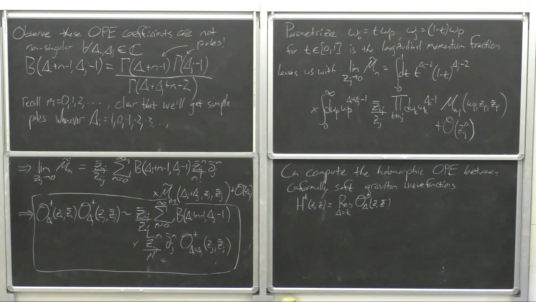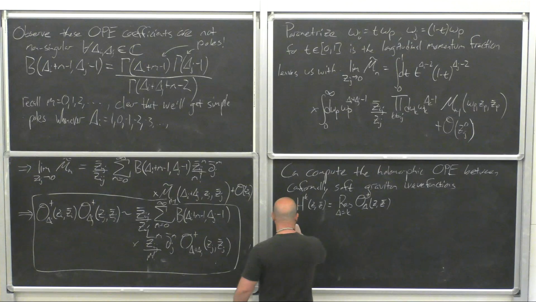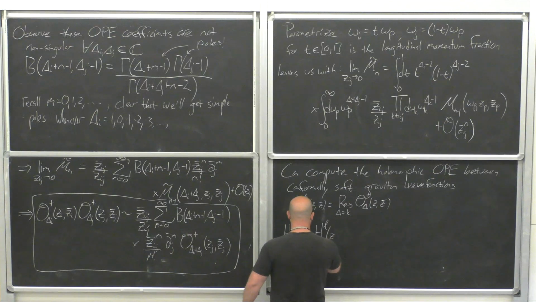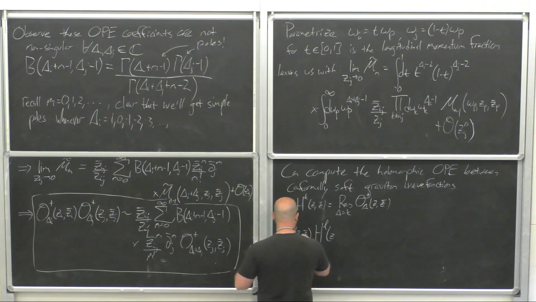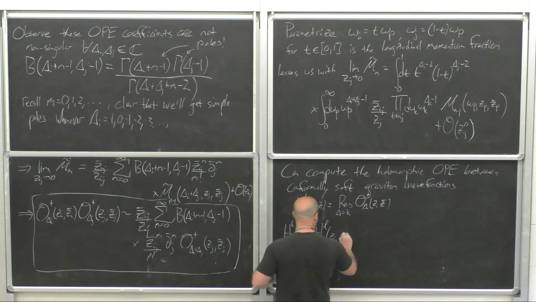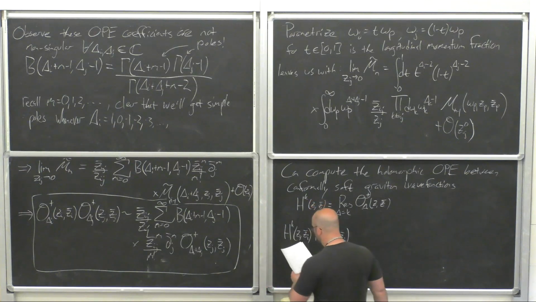So we just pick out the residue of the pole in the gamma function in this thing, and then we can compute the OPE of H^k(z_i, z bar_i) with H^l(z_j, z bar_j).